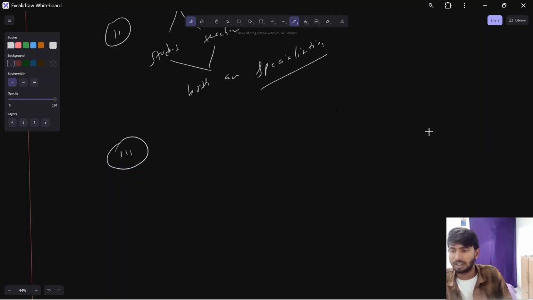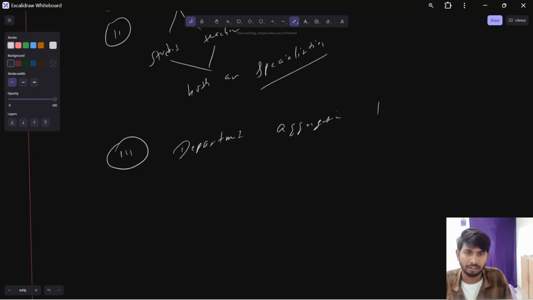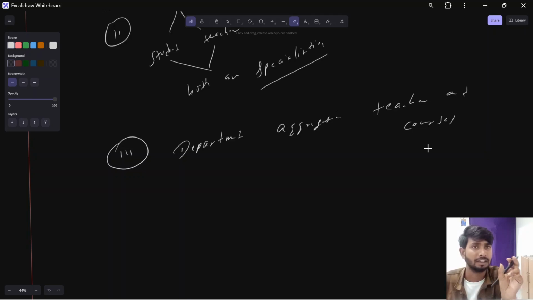Third thing: the department aggregates the teacher and courses. There is a relationship between them: the teacher teaches the courses. So the department aggregates teacher and courses.